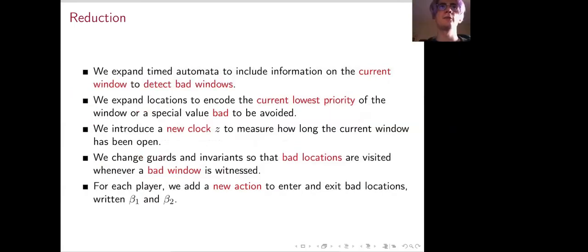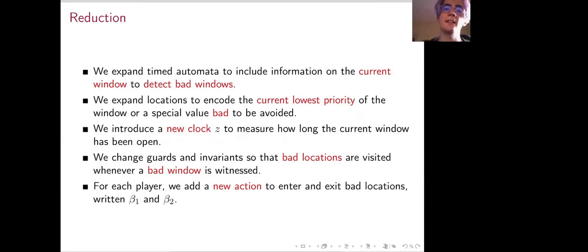In our reduction, we expand the timed automaton so that it includes information on the current window in order to detect bad windows. We expand locations to encode the current lowest priority of the window, or alternately a special value bad that indicates a bad window was detected.